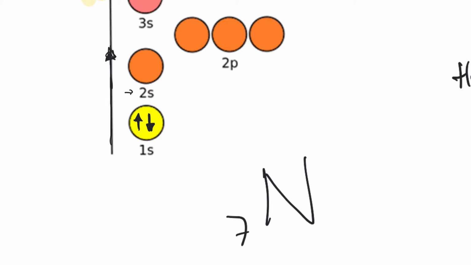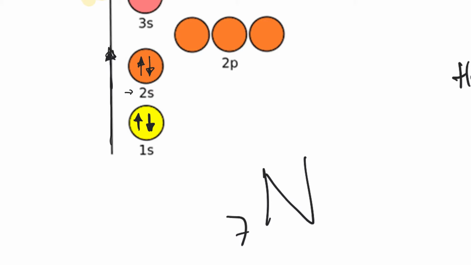The 2s is the next orbital location for electrons. How many electrons could fit in the 2s? Well, we could fit 2, because it's just one orbital. 1, 2. So here we have the next 2. Remember, nitrogen has 7 electrons. Now we found a home for 4 of them. Now we just got to find a home for the last 3.